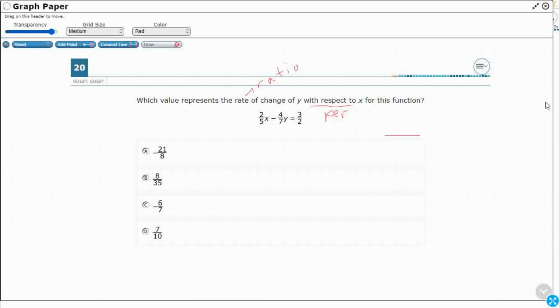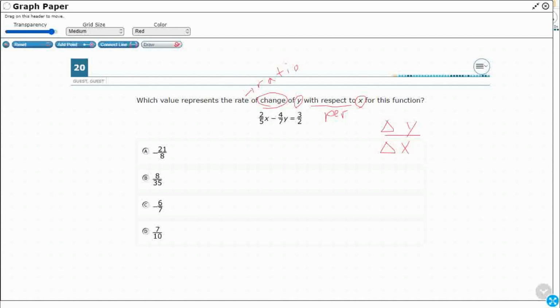So I'm going to draw a fraction bar, and it's y per x, or y over x. That's the rate I'm looking for, but I'm looking for the rate of change. So I'm going to use this Greek letter delta. Looks like a triangle. So it's the change in y over the change in x, because that's what I'm looking for. Y per x, or y with respect to x.